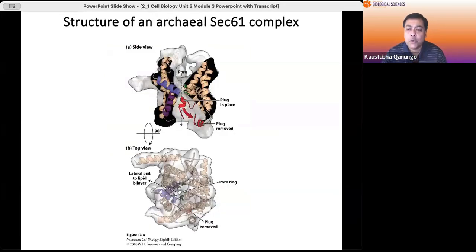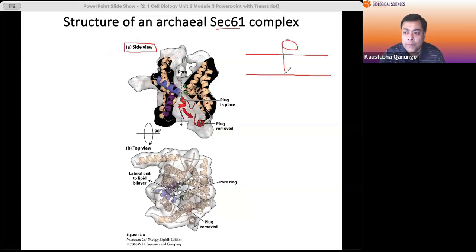All right. So here we are looking at the structure of the Sec61 complex, which is the translocon. We are looking at two different views. This is a side view, and we are looking at the paper towel roll from the side right here. This is the pore through which the protein goes in. So if I just change the color, right here, the protein goes in through here like this.